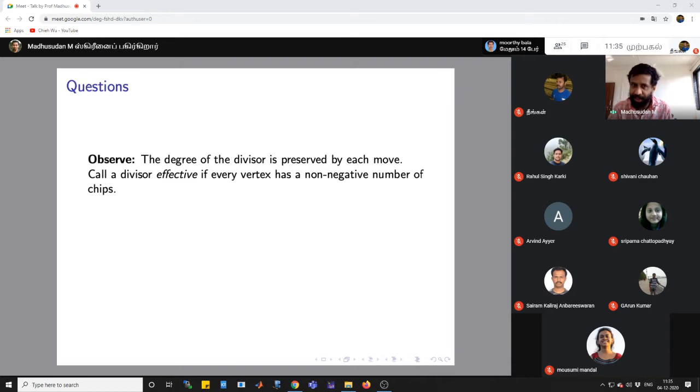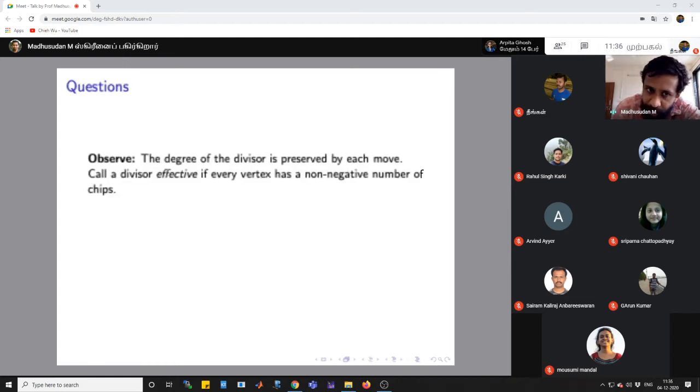This is something you would like to have in many situations, right? Even in a physical context, if you think of these vertices as currencies, you would like to see if you can distribute these currencies in a way that every vertex is out of debt and hence has a non-negative number of chips. So in that context, identifying this collection of divisors which are called effective is firstly important.